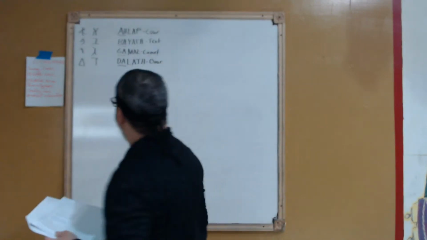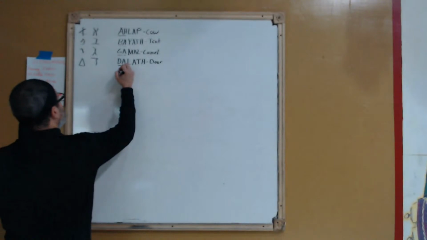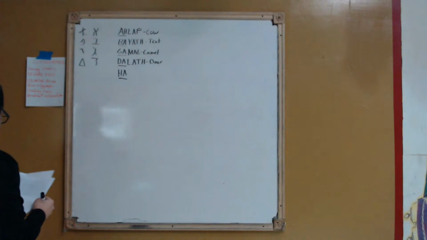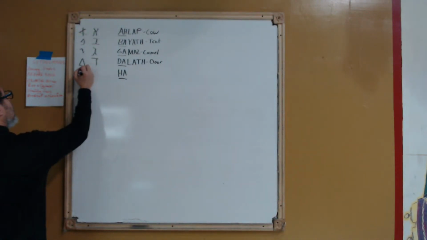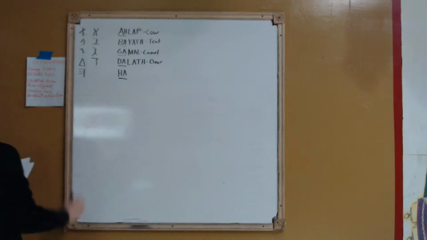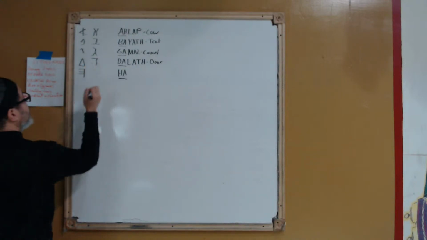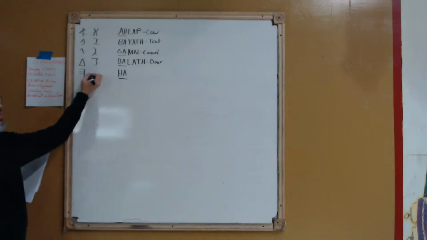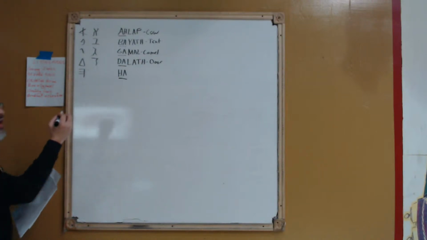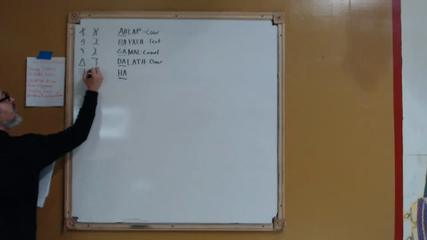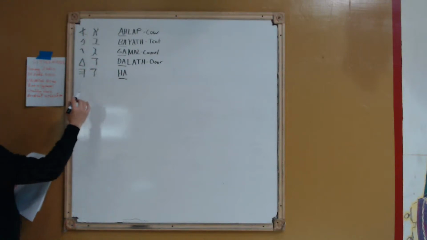Okay. Next, we have the ha. And the ha looks like that backwards looking F. And in Assyrian, to draw it, use the same as the Daloth initially. So you do this. I want to make sure you guys can see my actual writing. So do this, that. So far they look the same.